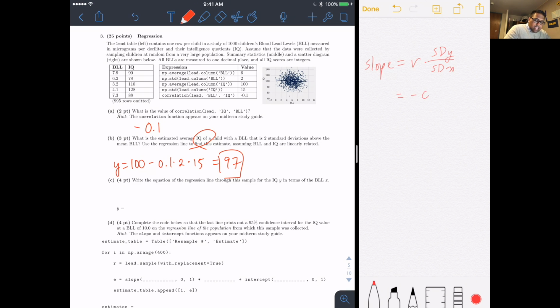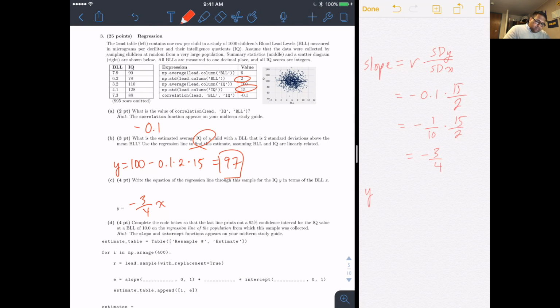In this case, that is minus 0.1 times the standard deviation of the IQ values, which is 15, over the standard deviation of the blood lead level values, which is 2. Okay, and that ends up being negative 1/10 of 15 over 2, and that simplifies to negative 3 over 4. So that's our slope. So we know Y is going to be negative 3 over 4 X plus something.